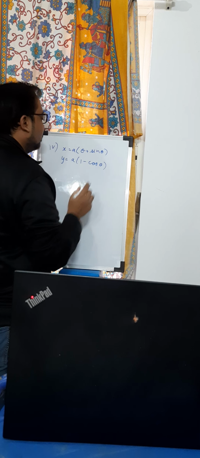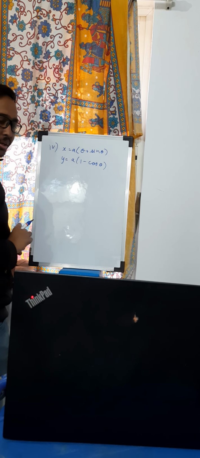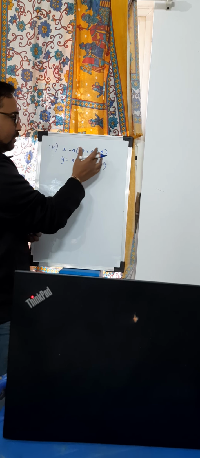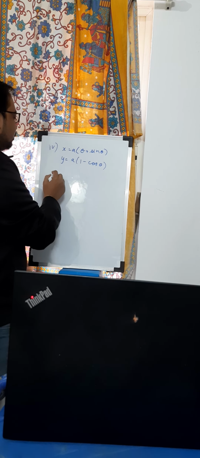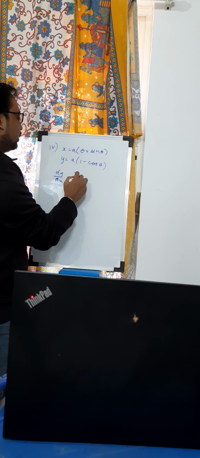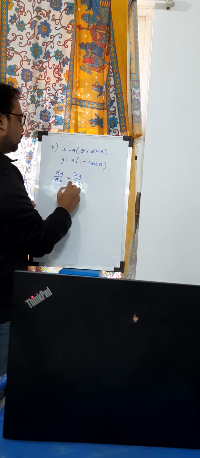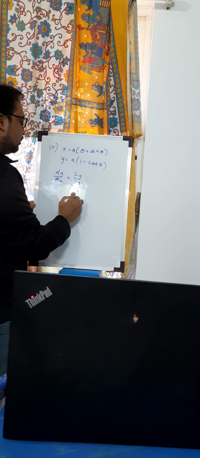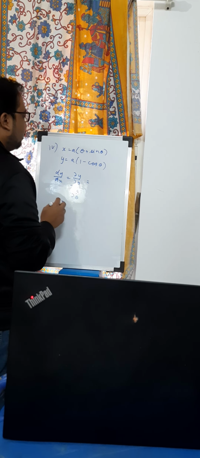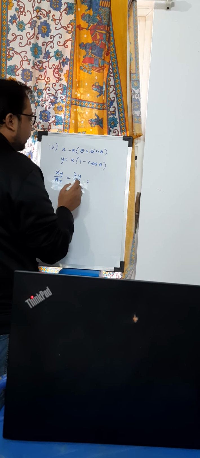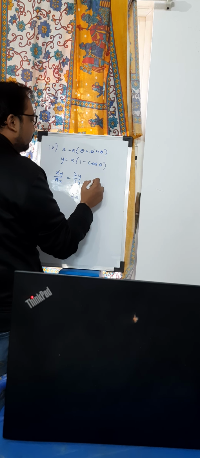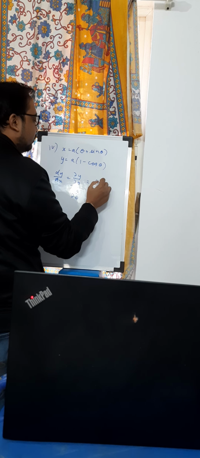Now here, as you can see, they are functions of theta, right? So we write dy by dx is equal to dy by d theta upon dx by d theta. If we do dy by d theta, we will get a sin theta.